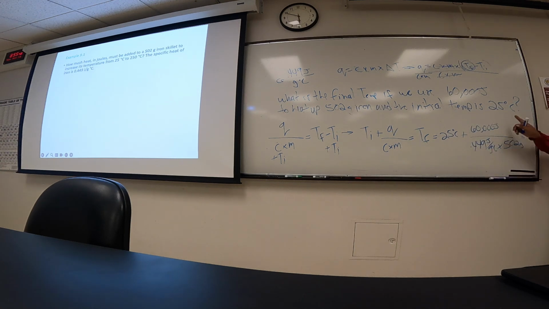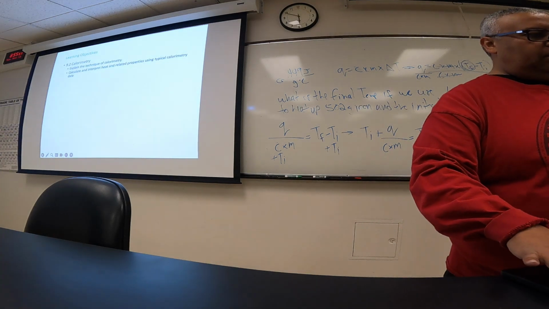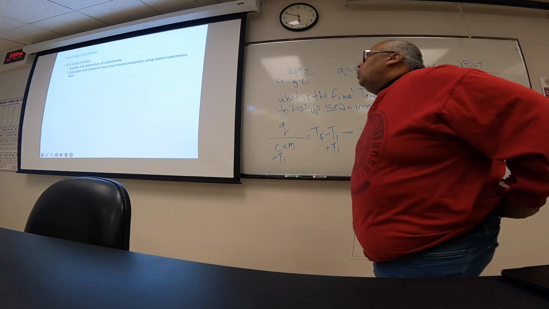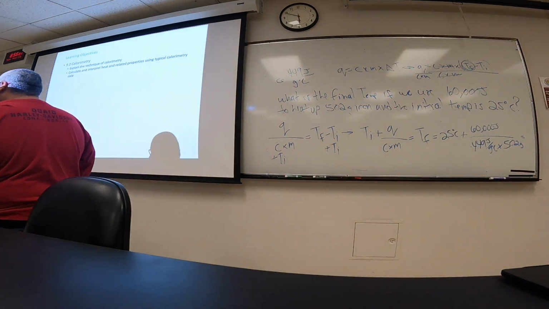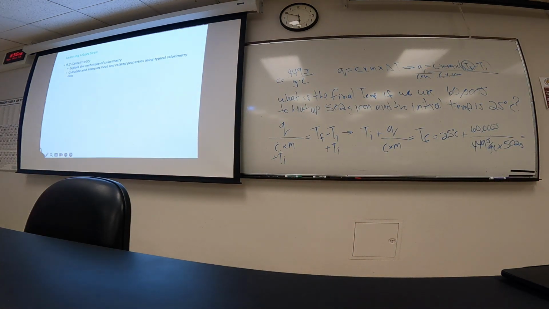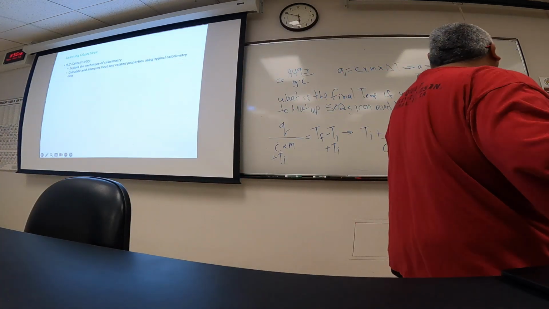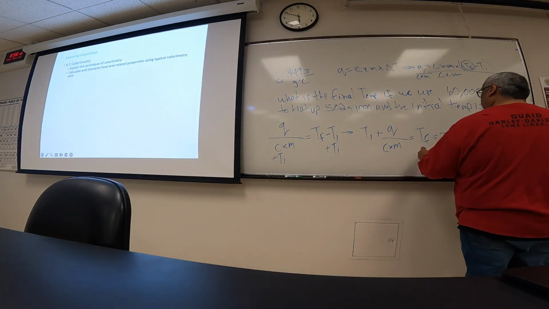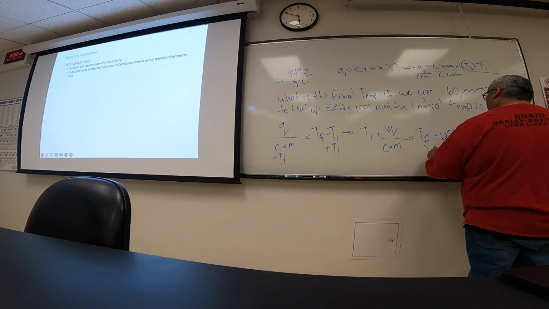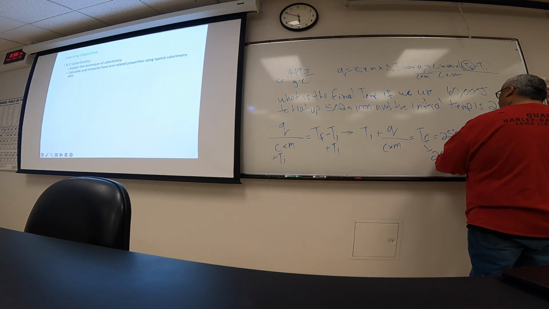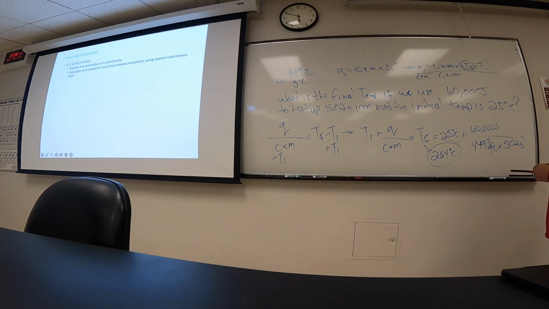You're going to solve this, and then add 25 degrees to it. And what does that final temperature come out to be? 264 degrees. So final temperature, 264 degrees Celsius. Sounds pretty reasonable.